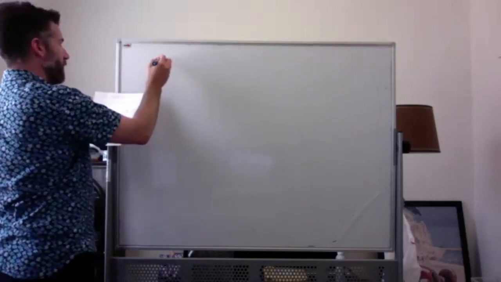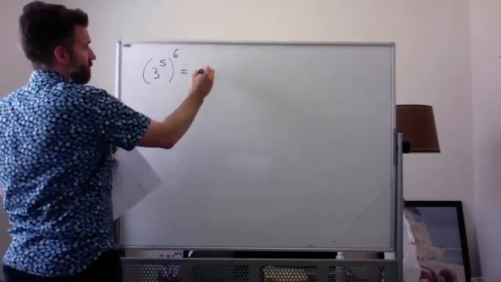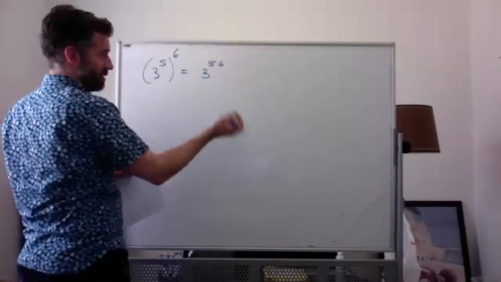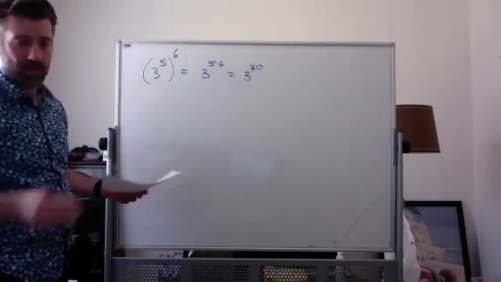A few examples here. 3 to the 5th to the 6th is equal to 3 to the 5 times 6, which is 3 to the 30th, which is really big.